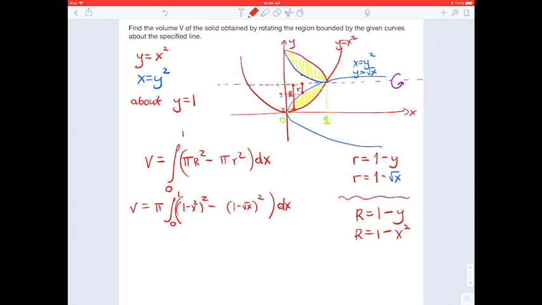Okay. Let's expand this from 0 to 1. 1 minus x squared, squared, is going to be 1 minus 2x squared plus x to the power of 4, minus 1 minus 2 root x plus root x squared, which is x, dx.